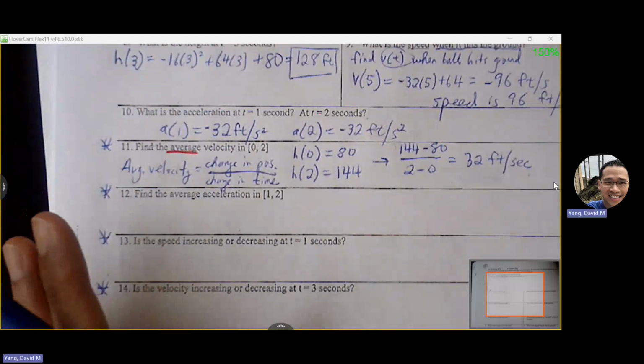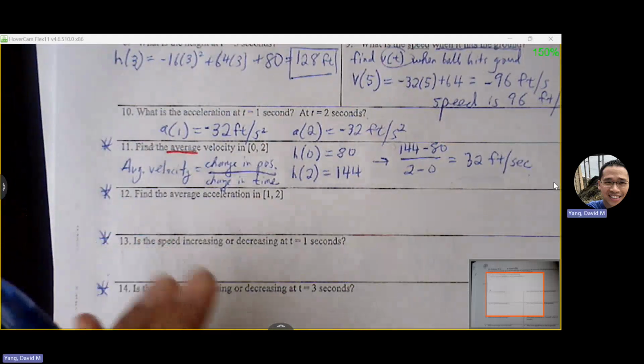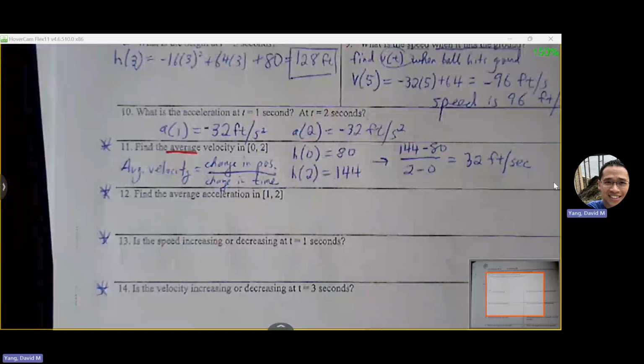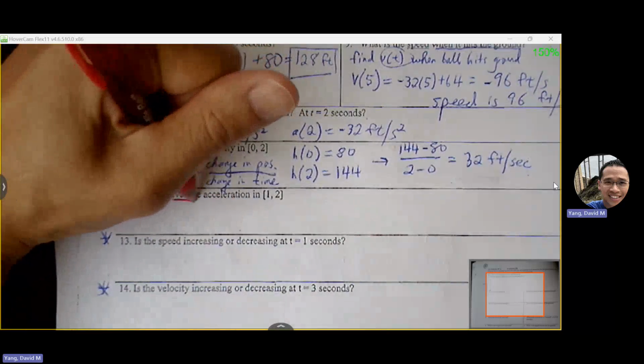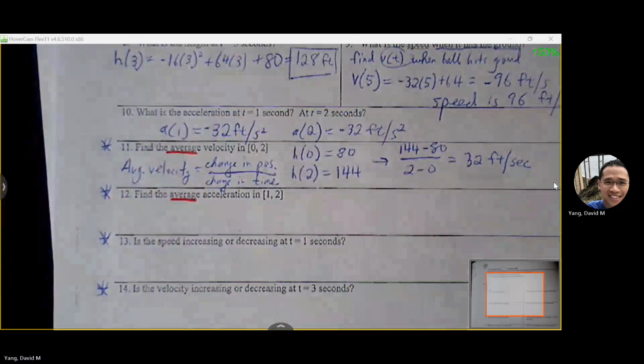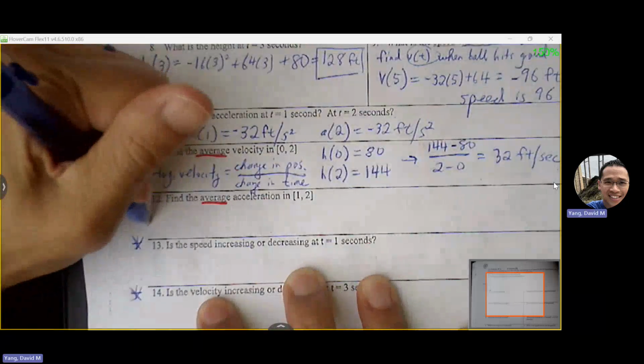So number 12, same idea, find the average acceleration. Again, this word is throwing us off, right? Because we see acceleration, but there's the average in front of it. So guess how we define average acceleration?